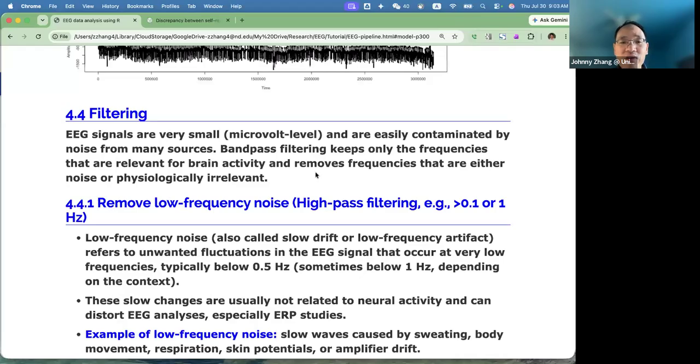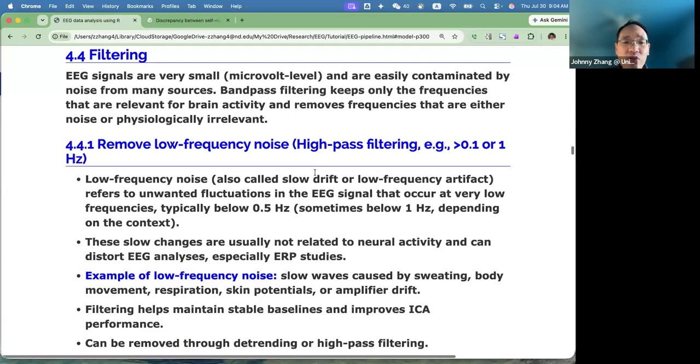Filtering is one way to remove those non-neural signals from the data, because we are interested in looking at the brain signal. Anything not related to brain activity should be removed before doing the data analysis. Filtering does exactly this task.